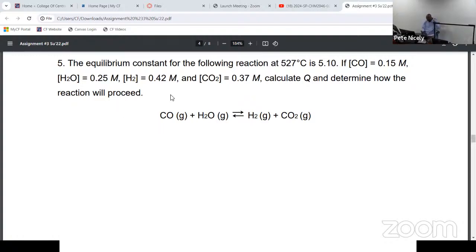If you understood what we did in number 4, you should be able to tell me the answer to this one. Let me do my pen thing again. It gives you the concentration of each of these substances, and it's asking for you to calculate Q. So how would you calculate Q or QC?